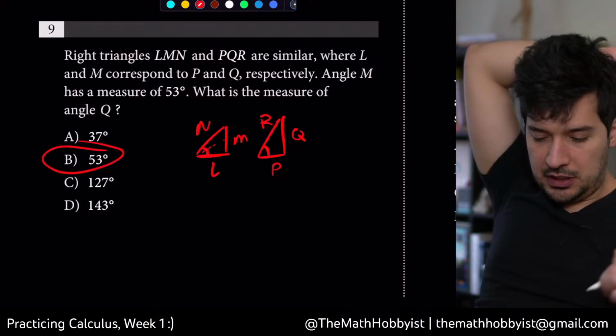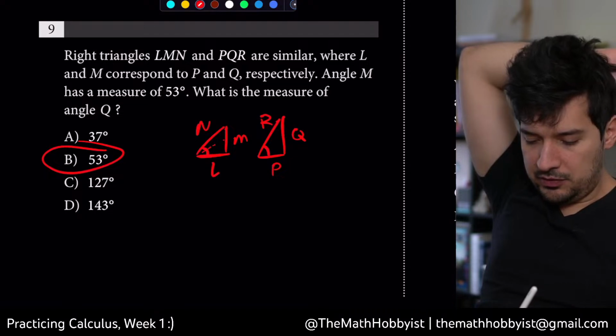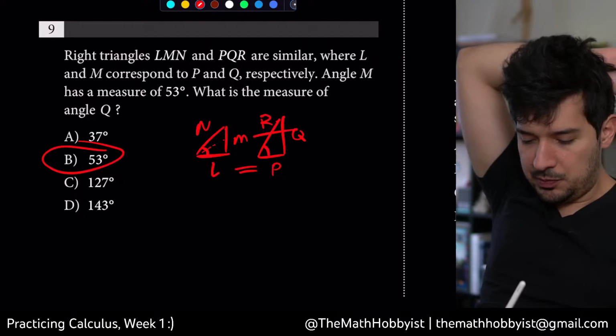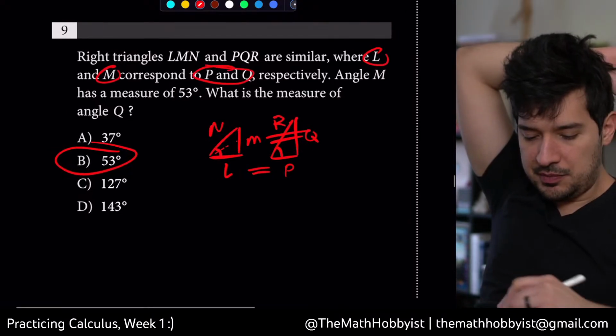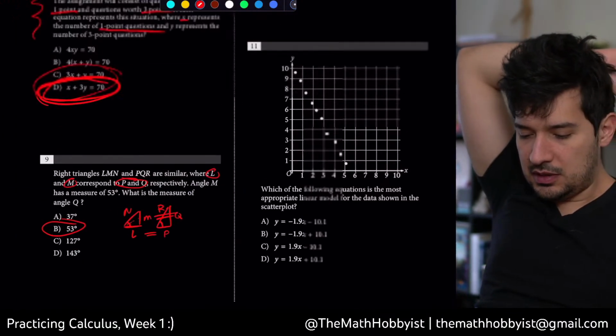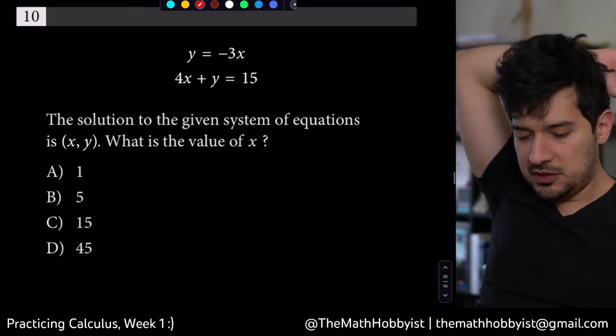So 53. I think I got that right. Oh, wait, no. L and M. Yeah. Okay, so L corresponds to P and M corresponds to Q. I had to double check that I wrote them in order. All right, we lost a little bit of time there. Should have done that quicker.